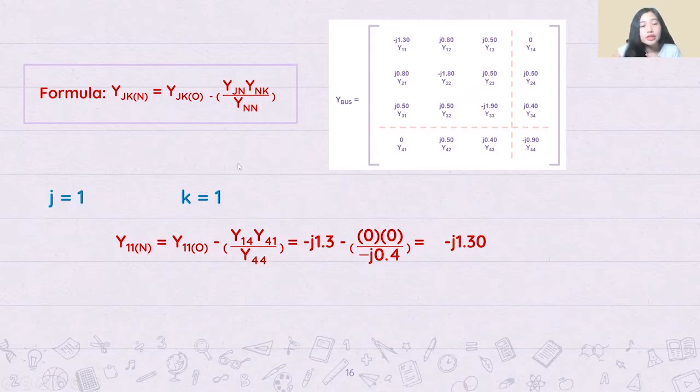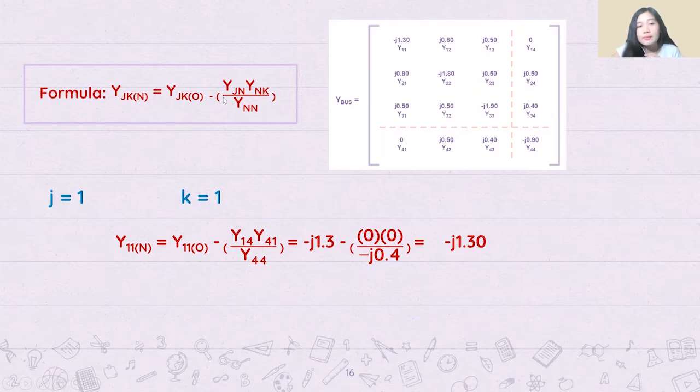Let me use the cursor para hindi kayo malito. So, ito, Y11 siya because our J is equivalent to 1 and our K is equivalent to 1. Ito ang hahanapin natin, the new value of our Y sub 11. And it is equivalent to Y sub 11 old, because we will use the old value and subtract the value that we get from this quotient.